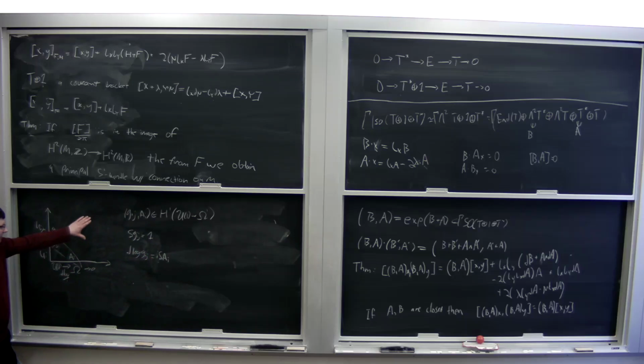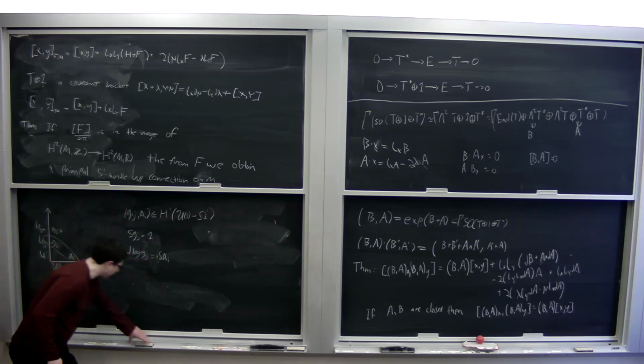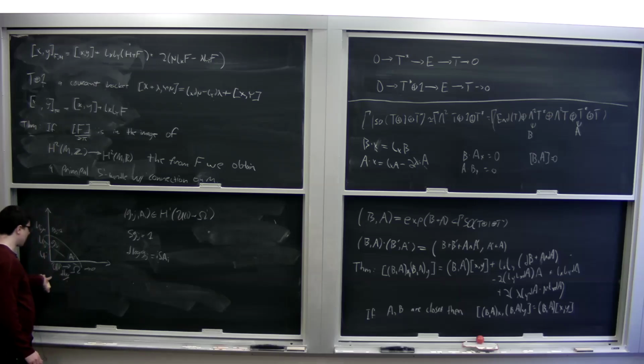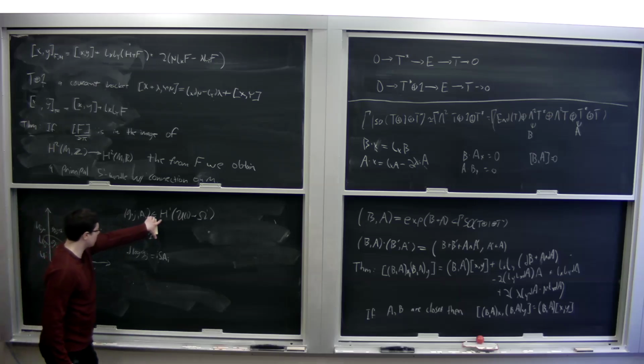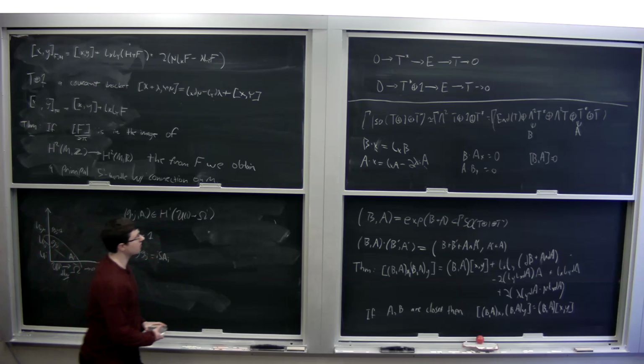Right, and this is exactly the condition that the g_ij and the A_i together are a principal S1 bundle with connection. So these things are elements in H1 of this complex.